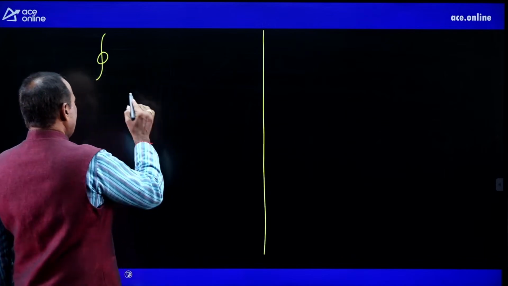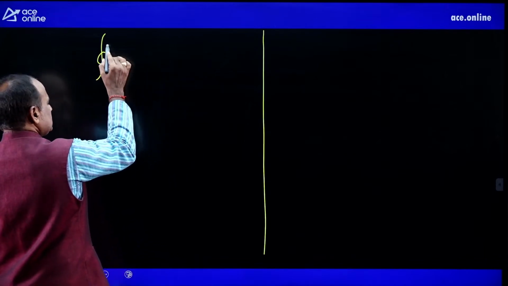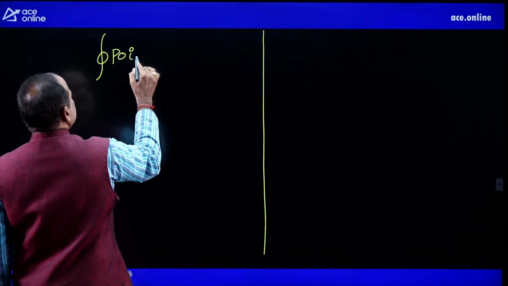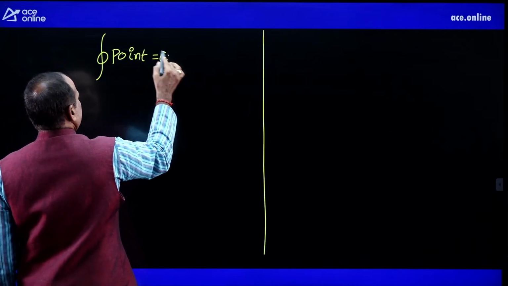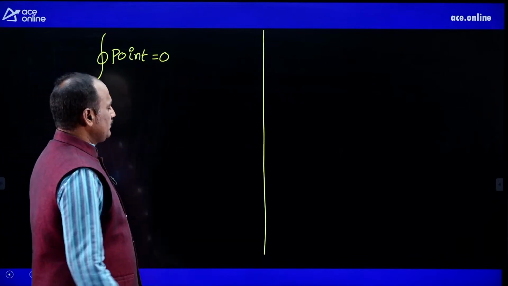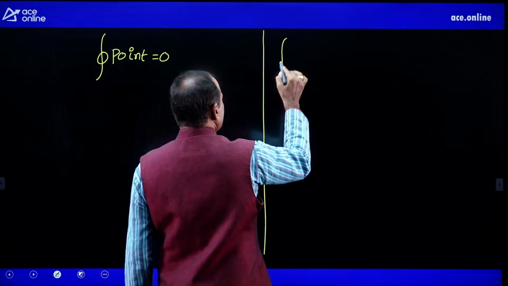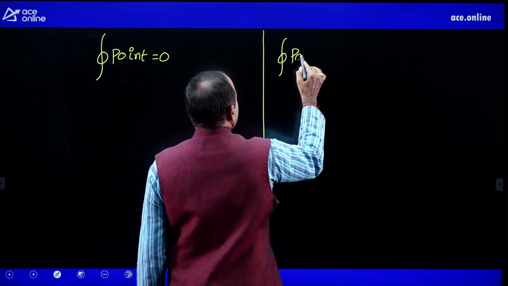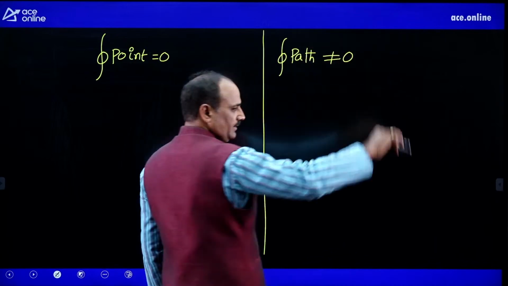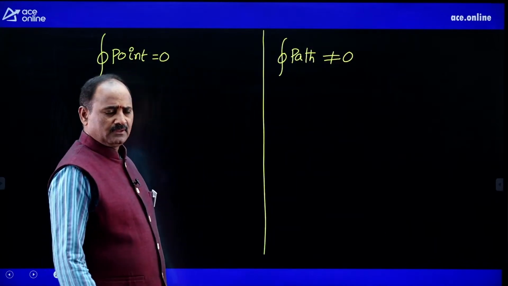For any thermodynamic cycle, the cyclic integral of any point function quantity is equal to 0, but the cyclic integral of a path function quantity is never equal to 0.